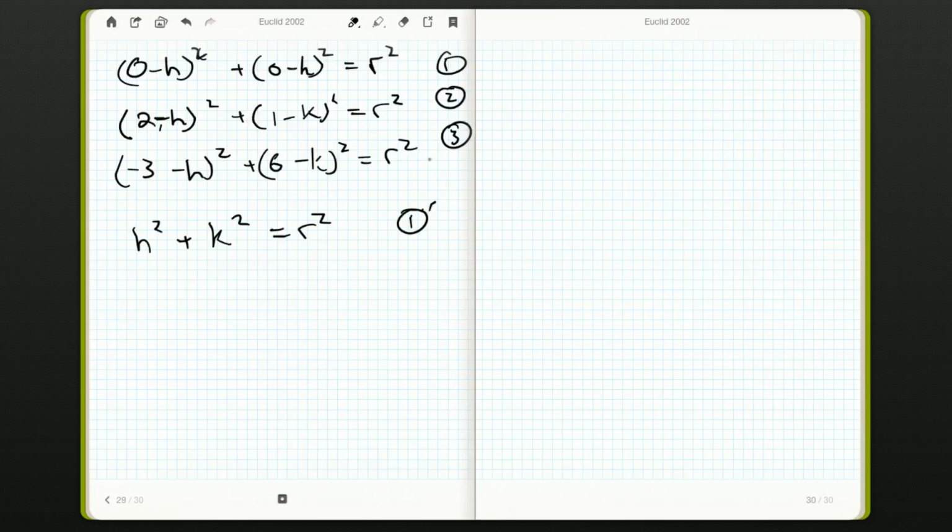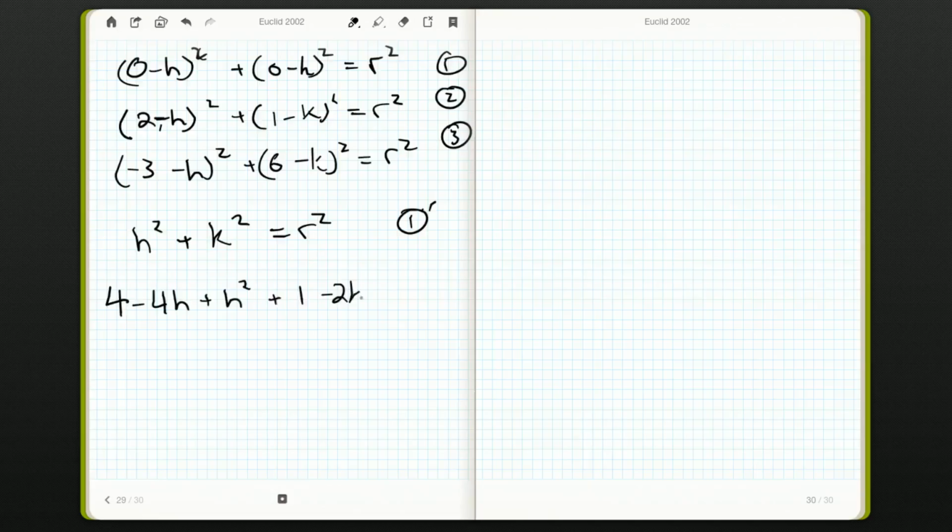Now I guess we can just expand number 2. I was trying to see if there's anything clever we could do by equating some of the equations, like letting the left-hand sides of 2 and 3 equal each other because they're both equal to r squared. That's certainly something that could be done.